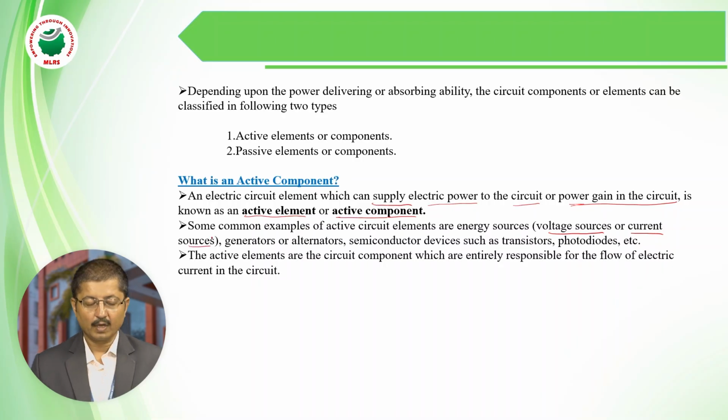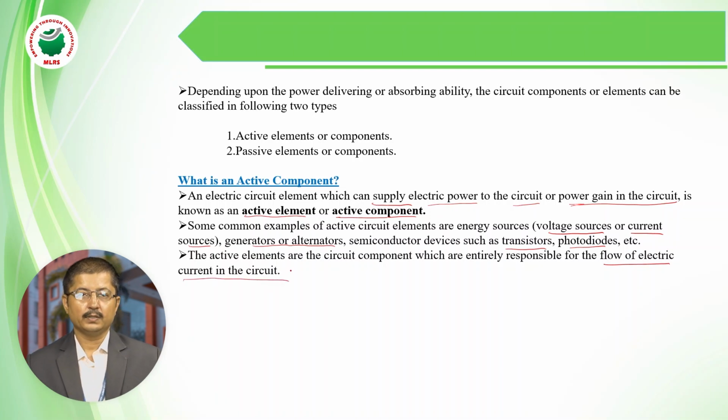Similarly, generator or alternator, and semiconductor devices such as transistors, photodiodes, etc. The active elements are the circuit components which are entirely responsible for the flow of electric current in the circuit.